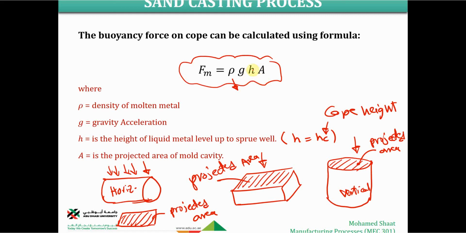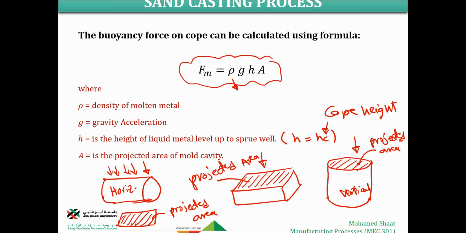The area and the h are related to the weight, because if you remember from fluid mechanics, this buoyancy force is related to the amount of molten metal, the liquid displaced by the volume of the solid object floating or submerged in the liquid.